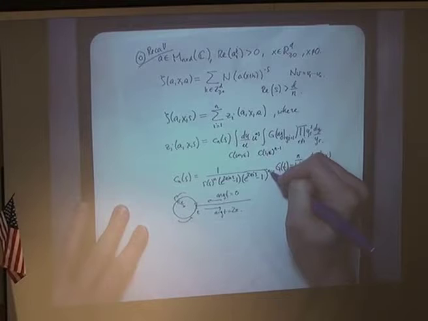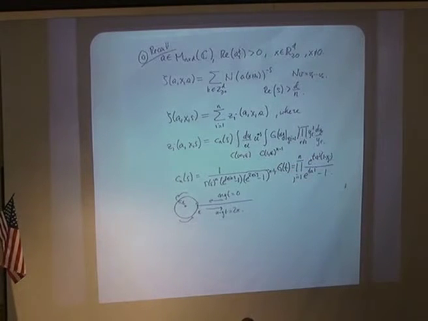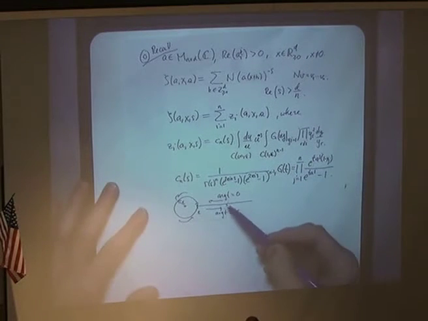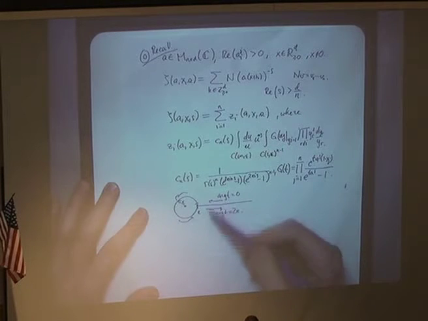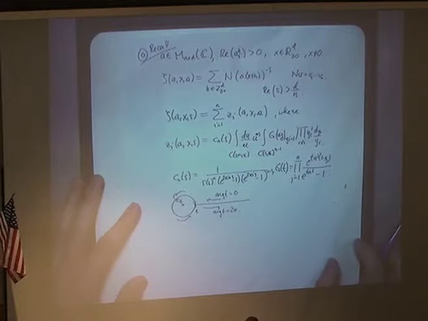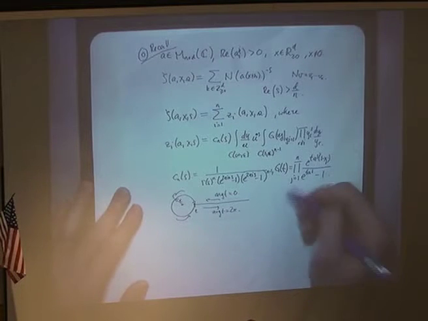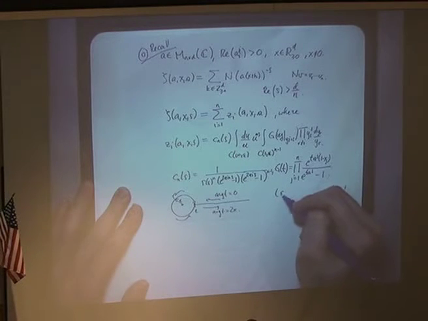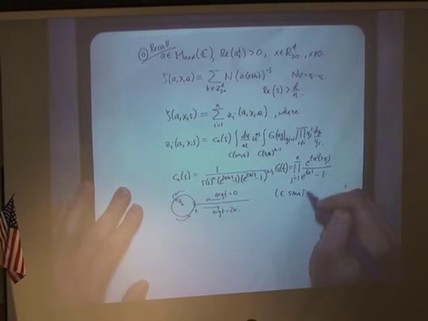N minus 1 here, thank you. That's right. All right, so these factors are there because the argument changes by 2 pi between when we go in and when we go out. And this expression is valid for epsilon small enough.